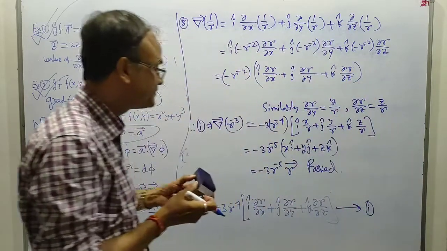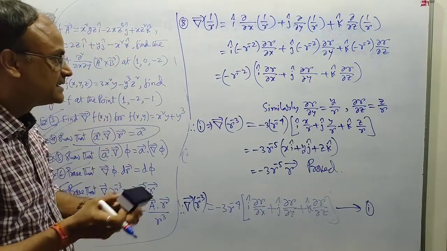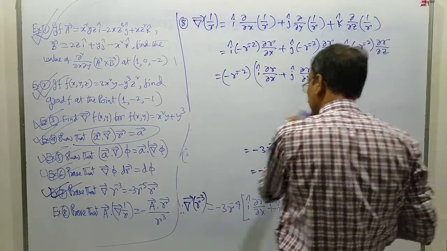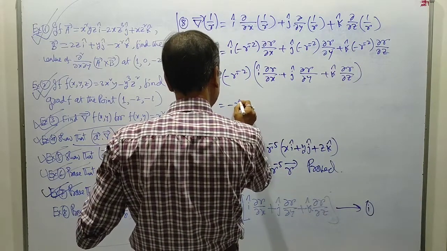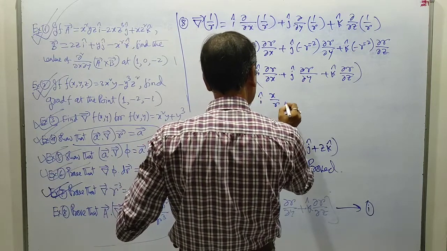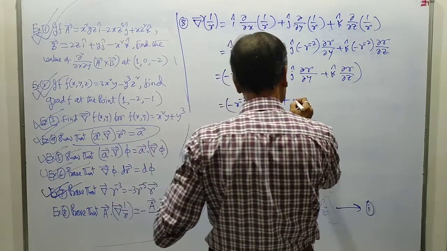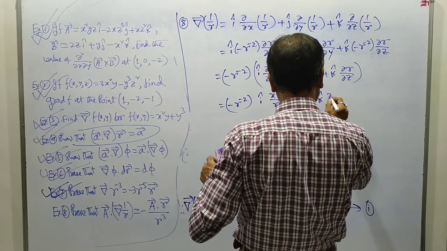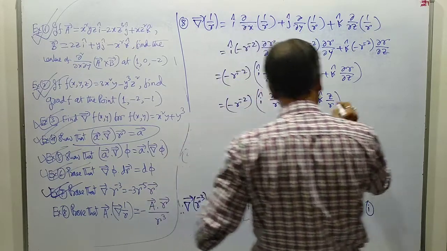You will get this. This is equal to minus r to the power minus 2 times i cap x by r plus j cap y by r plus k cap z by r. You may write in this way.